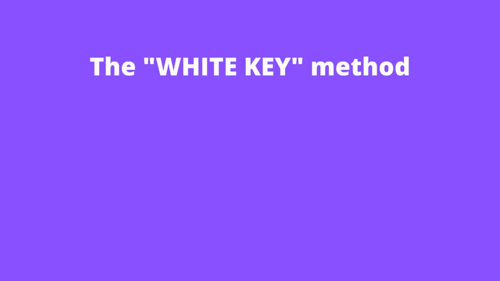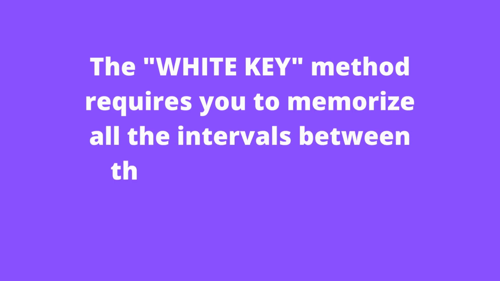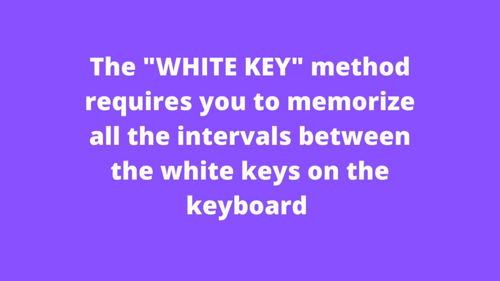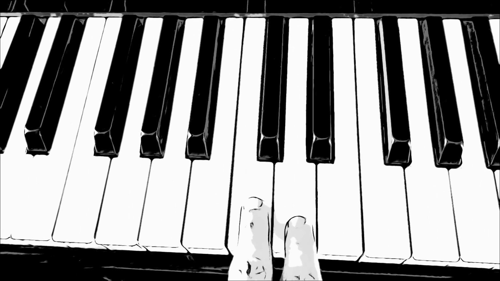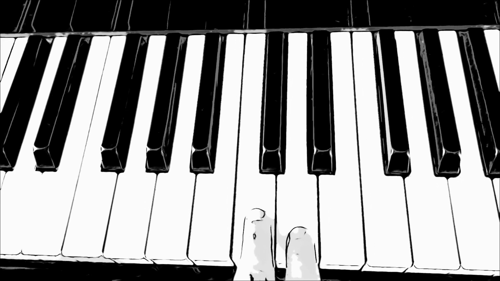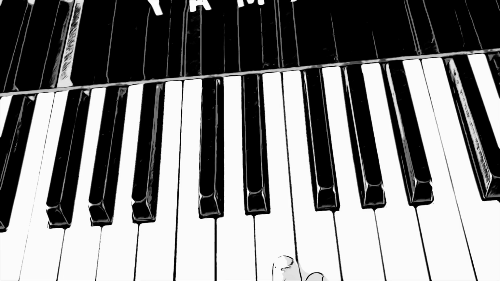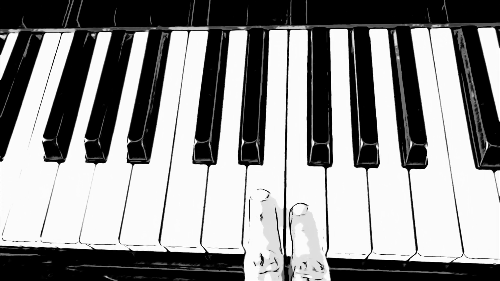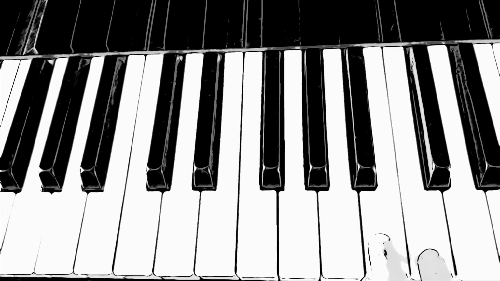Now, there are several methods for identifying the quality of these intervals. The white key method requires you to memorize all of the intervals found between the white keys on the piano. For example, we have all major seconds on the white keys, except two: between E and F and between B and C we have a half step, so these are minor seconds.